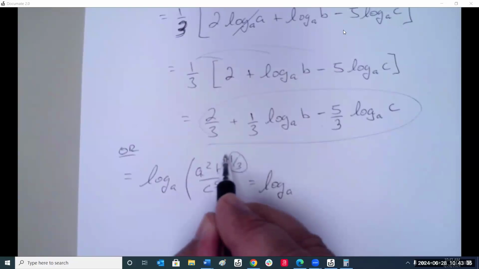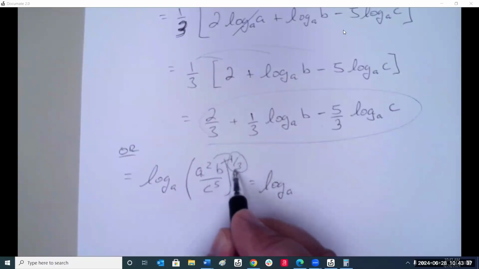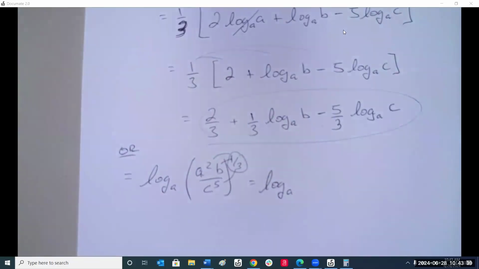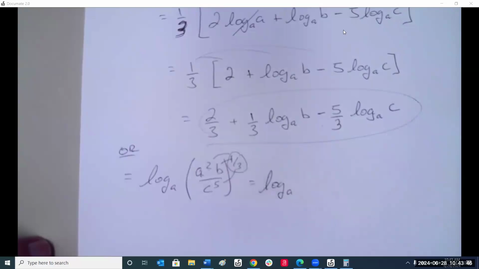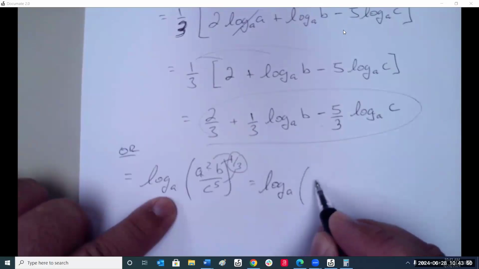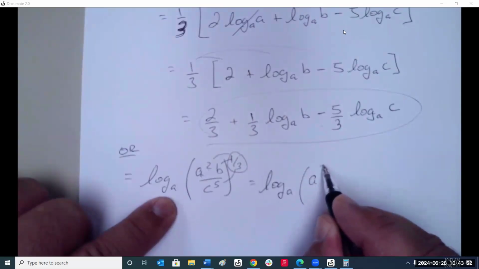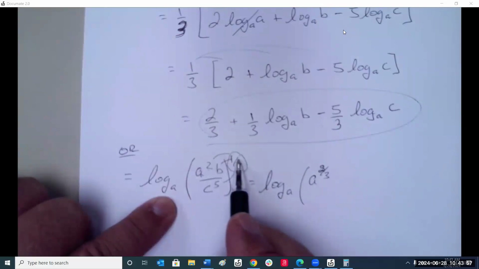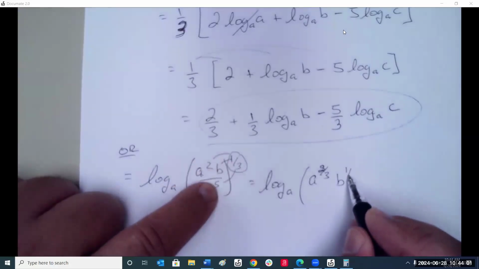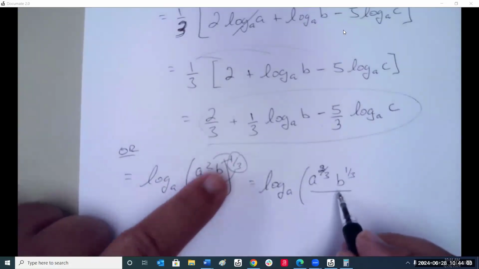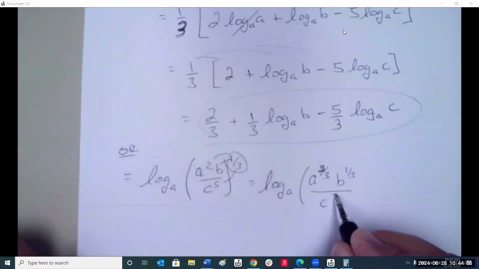This exponent could be distributed to each term inside the parenthesis. And the rule is whenever you have a power to a power, you multiply. So it would have been A to the 2/3, which is 2 times 1/3. 1 times 1/3 is 1/3. 5 times 1/3 is 5/3.